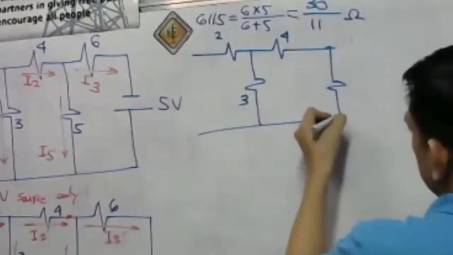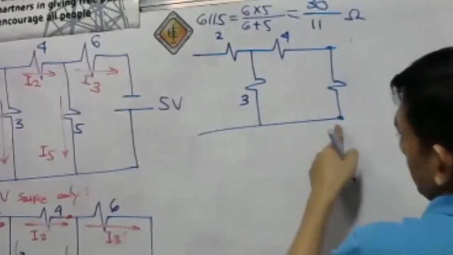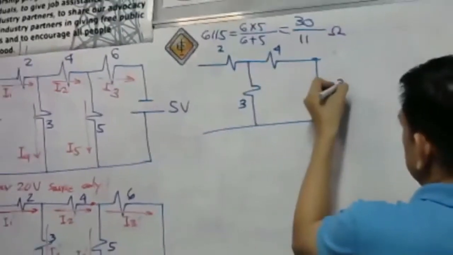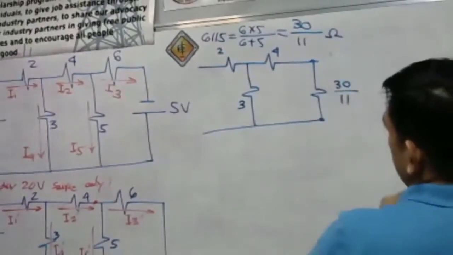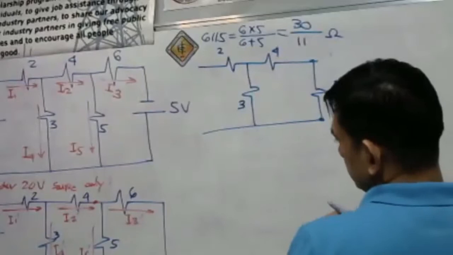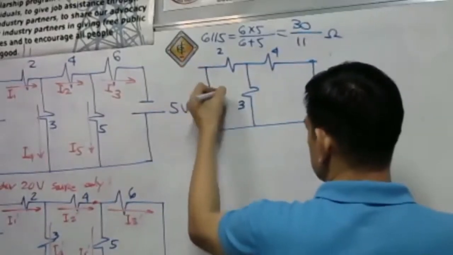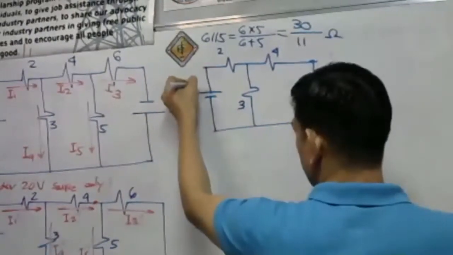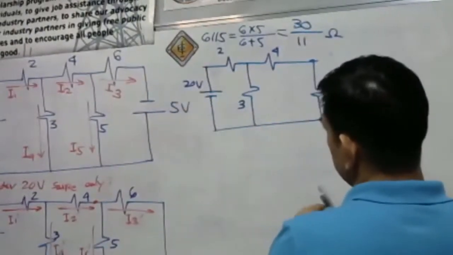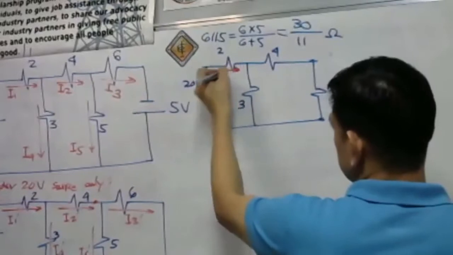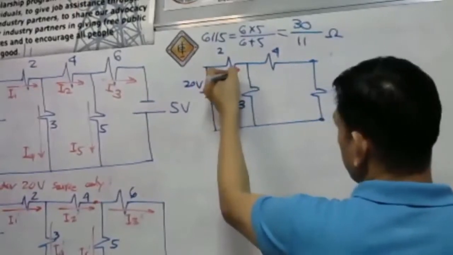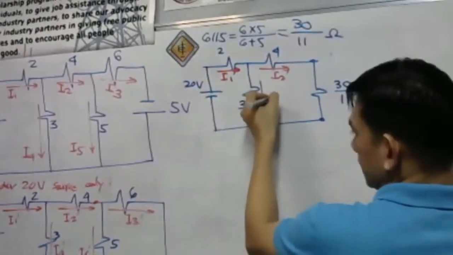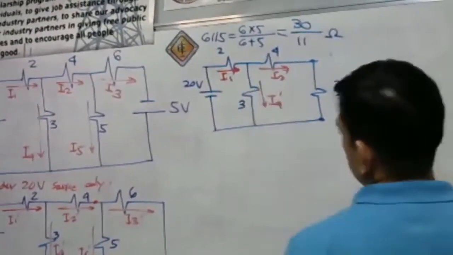And these are the 2 points. The equivalent of 6 and 5 ohm is 30 over 11. So this is our 20 volts. What about the currents? This is our I1 prime, this is our I2 prime, and this is our I4 prime.